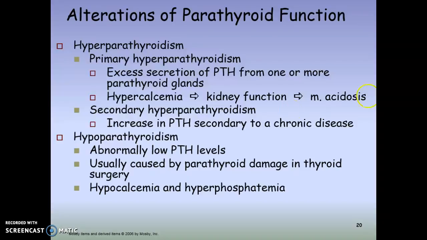All right, so it's secondary. It is secondary because it is due to some other primary condition. That primary condition is going to be the low levels of calcium. Those low levels of calcium can be because of kidney function, and that is then going to result in a secondary condition of hyperparathyroidism.